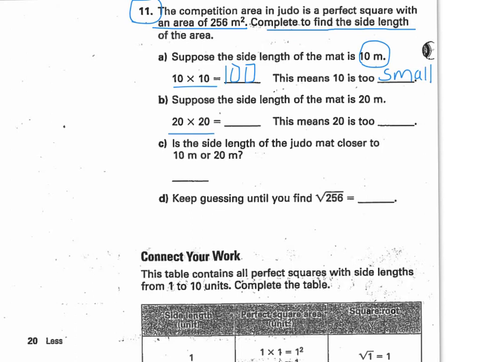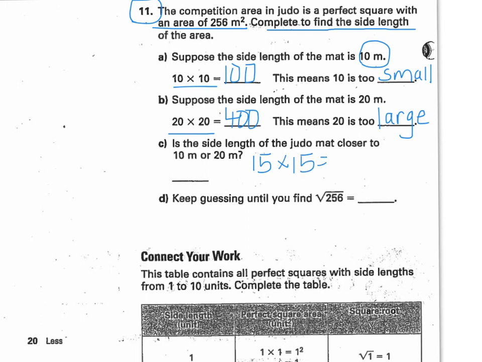20 times 20 is 400. This is too large. We need a number between 10 and 20. I'm going to try 15. So using my calculator, I go 15 times 15.